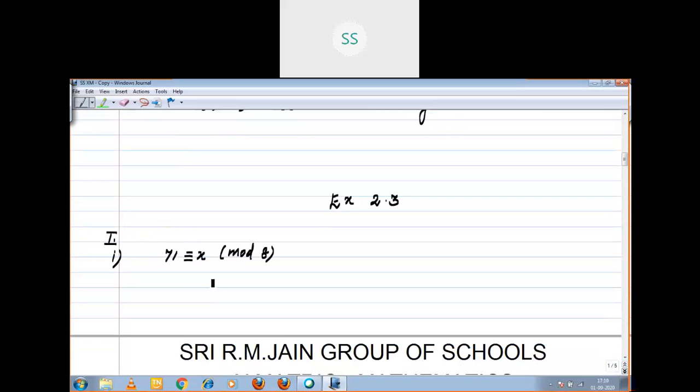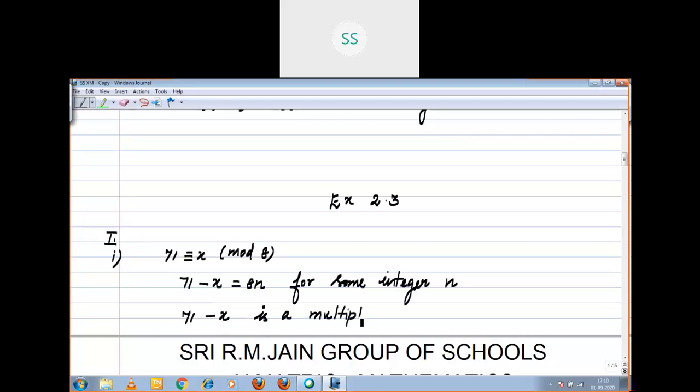What is the procedure we followed? 71 minus x equal to 8n, or k, anything you can use, for some integer n. That means what can you write here? 71 minus x is a multiple of 8.